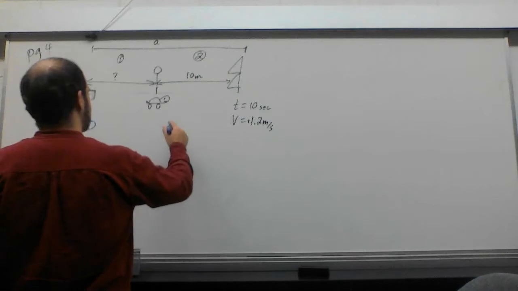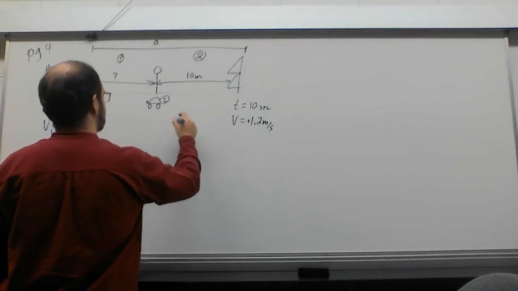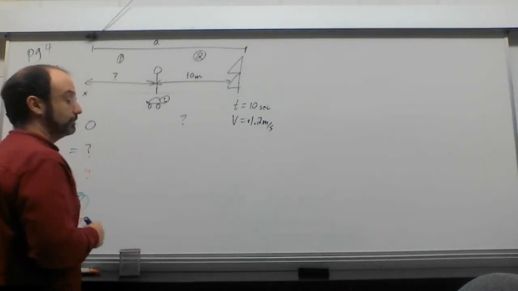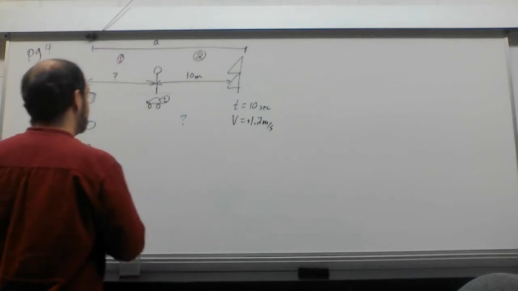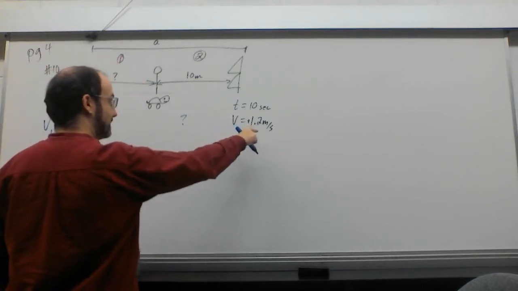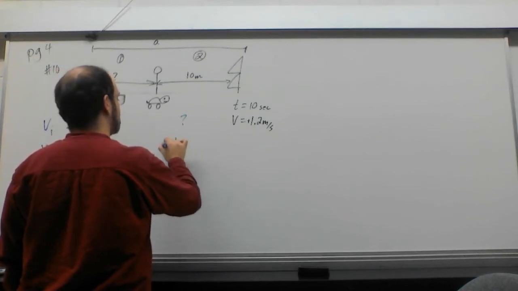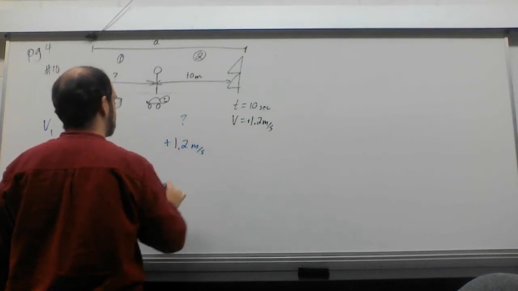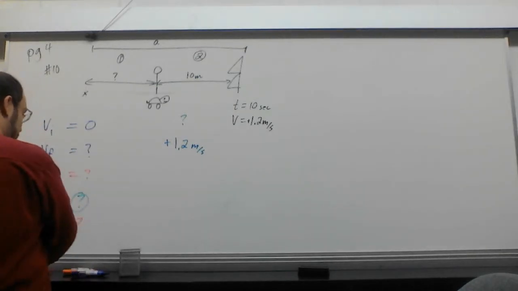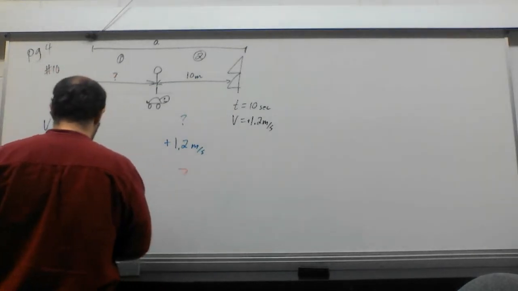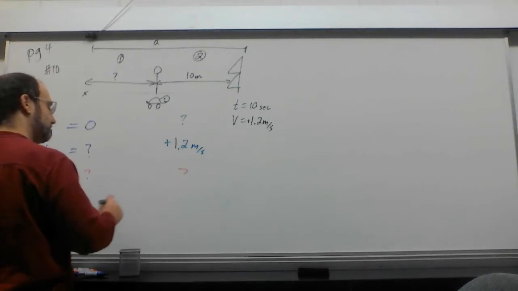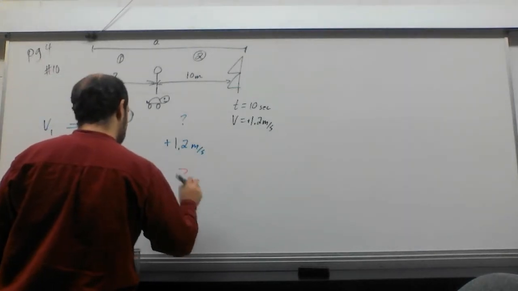In section 2, we don't know what his initial velocity is. All right, well, that's a question mark. Off to a great start, aren't we? But we do have this velocity, and it is at the end of everything, so that seems like a final velocity to me, 1.2 meters per second. All right, finally we got a number. Acceleration, we still don't know what it is, but we do have a displacement, 10 meters.